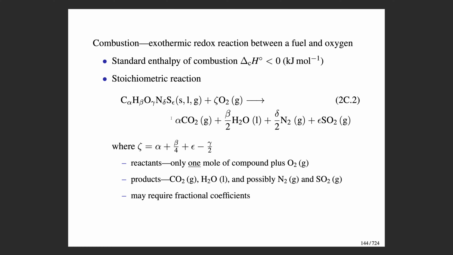You shouldn't get rid of them, because the rule that you have only 1 mole of the compound is the primary rule. So if there's fractions in the coefficients, so be it. You should not get rid of them. And that's because when you look up enthalpies of combustion in thermodynamic tables, they're reported for 1 mole of that compound. That's the reaction that they're referring to. So we need to keep that in mind.